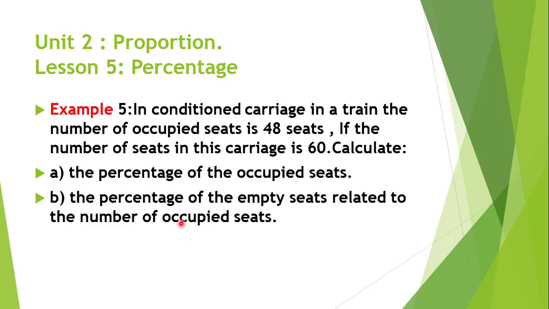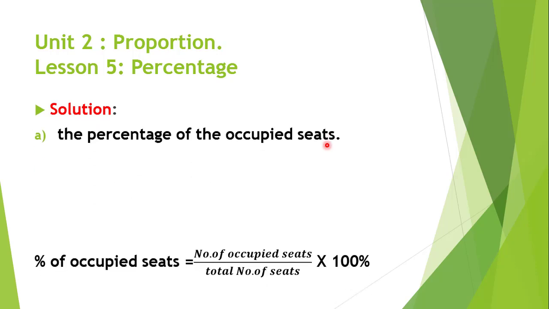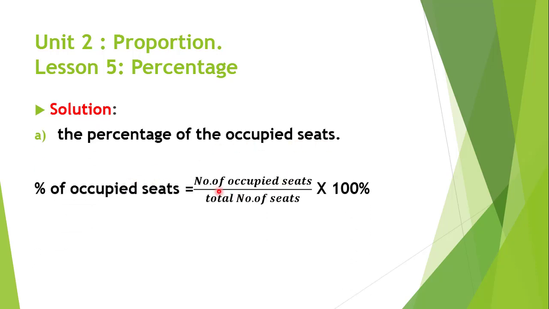First I want to calculate the percentage of occupied seats. Part is occupied, 48, and the total is 60. So 48 over 60, then multiply by 100. The result will be 80%.